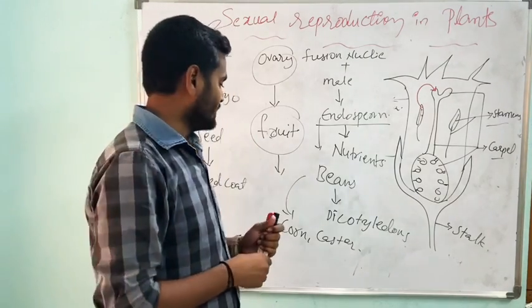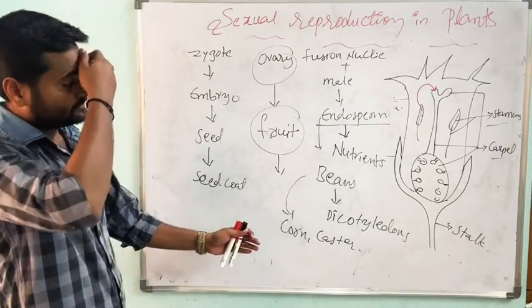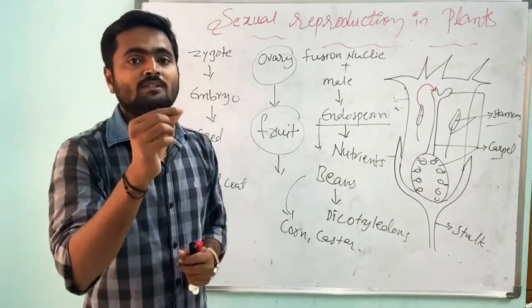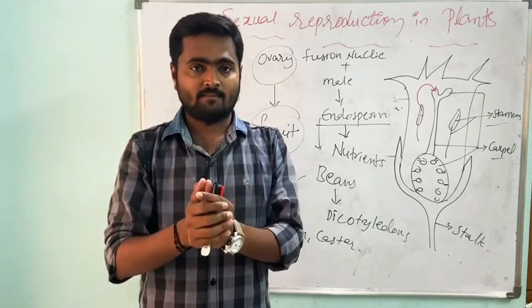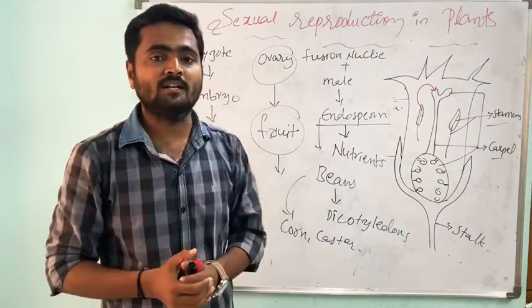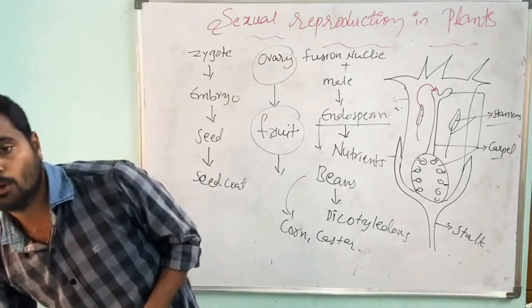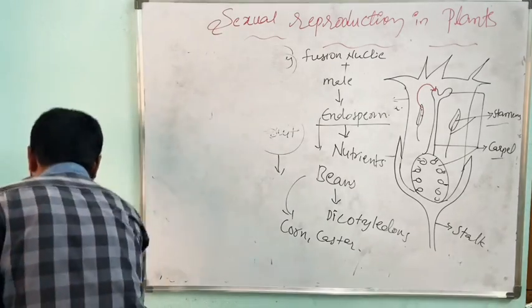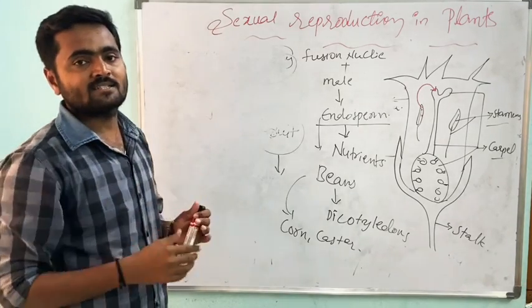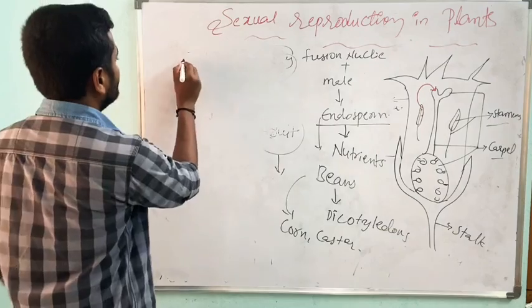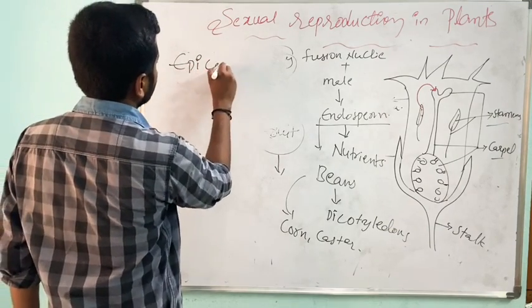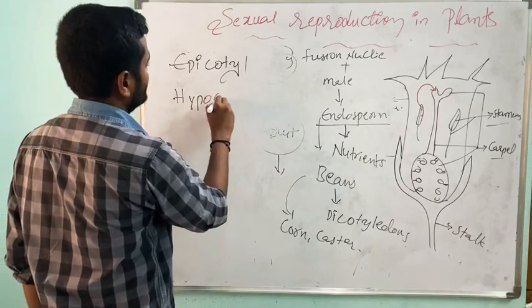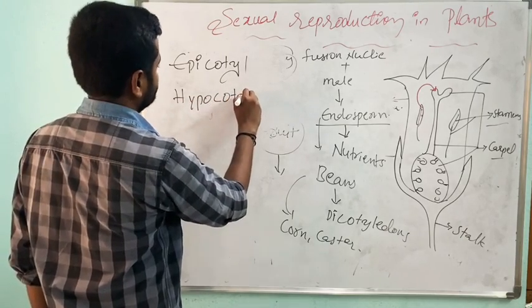Now next, if you observe bean seeds or corn or castor seeds, they contain some parts inside the cotyledons. They have some parts called hypocotyl and epicotyl.